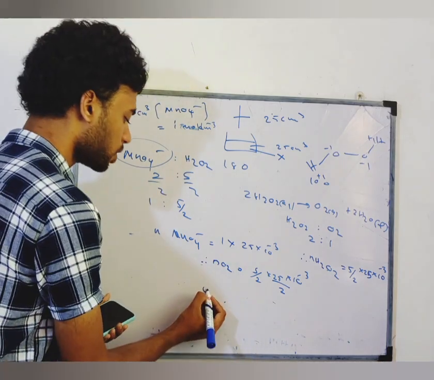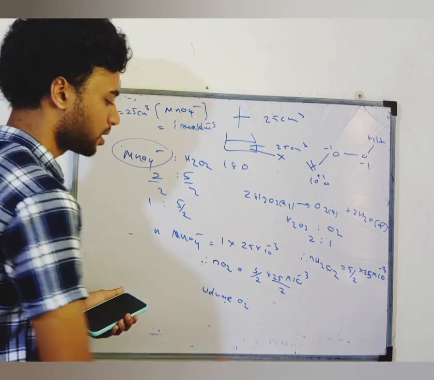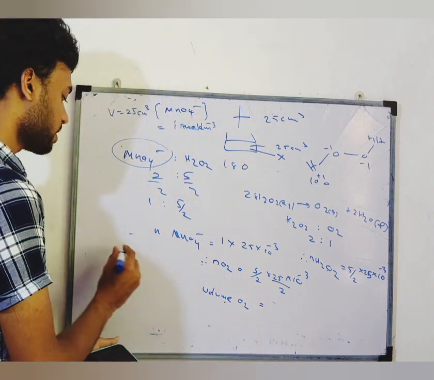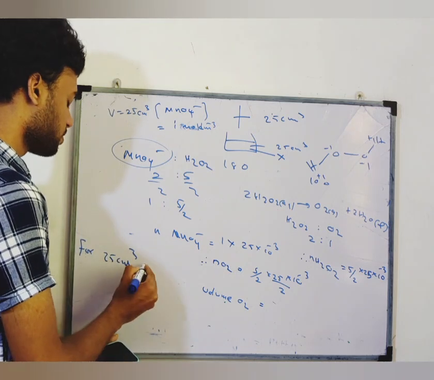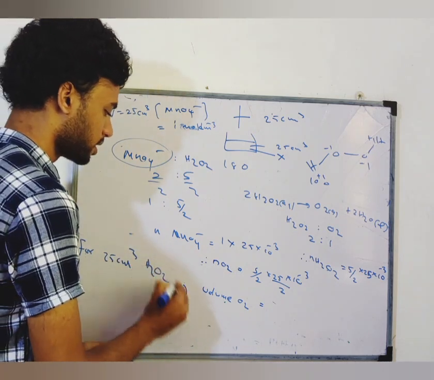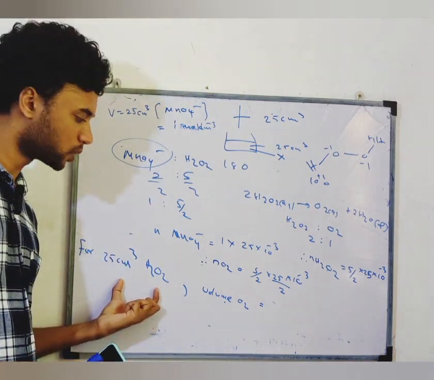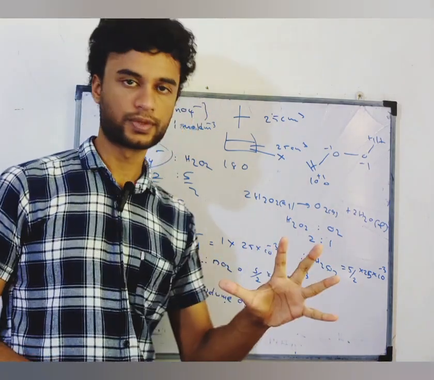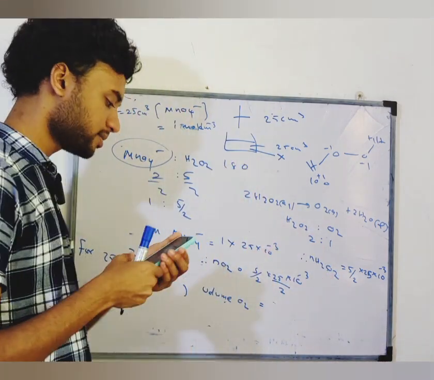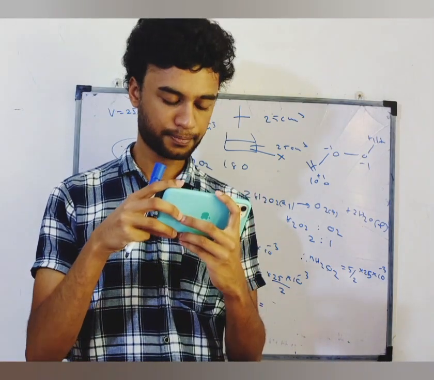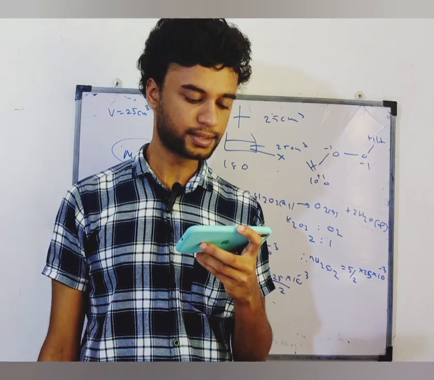Then what's the volume of O2 produced? For 25 cm³ of H2O2, I can find the volume of O2. Is that clear? Right. I know at standard temperature and pressure, they have mentioned that, assume 1 mole of gas has 22.4 liters of volume.